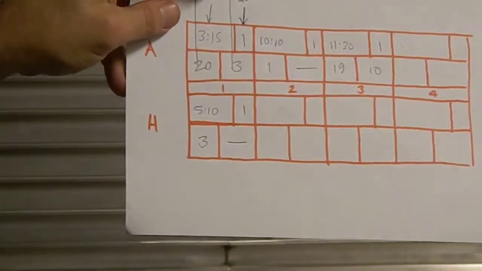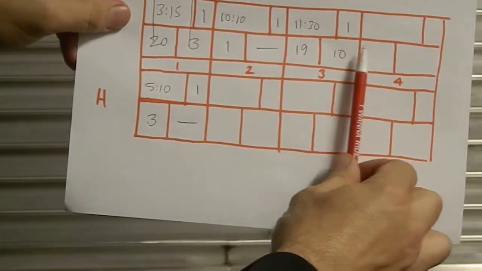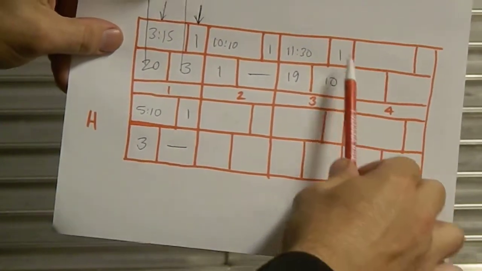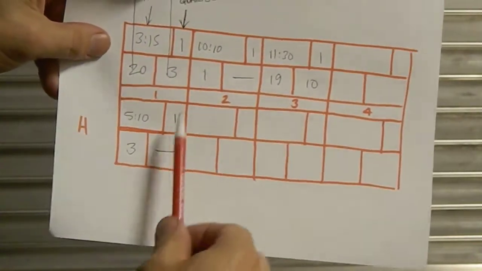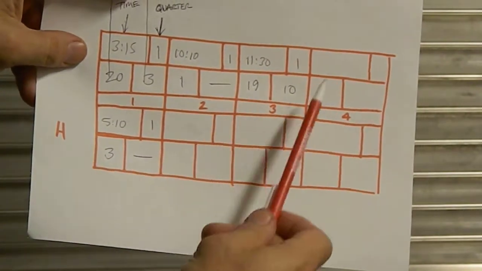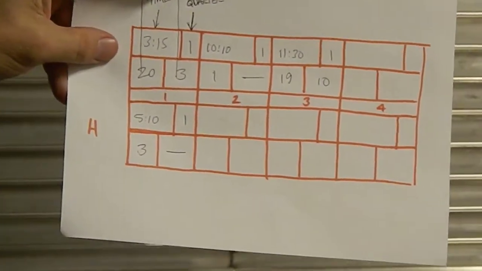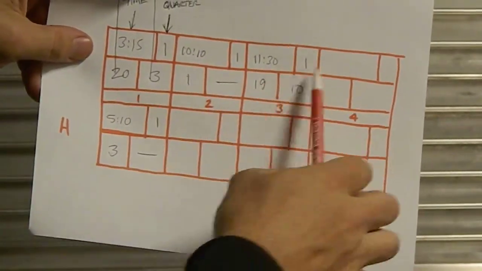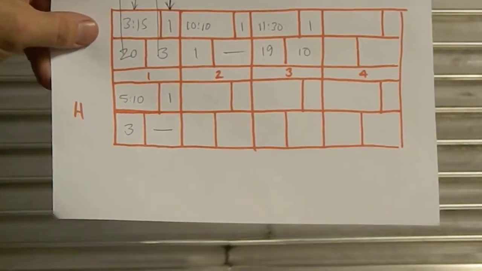Okay. So now we can look by looking quickly at the scoring at the end of the first quarter. It's 3-1. This was number 1 unassisted, number 19 from number 10. Okay. And we see it's 3-1 at the end of the first quarter. Now, some people draw a line down here.